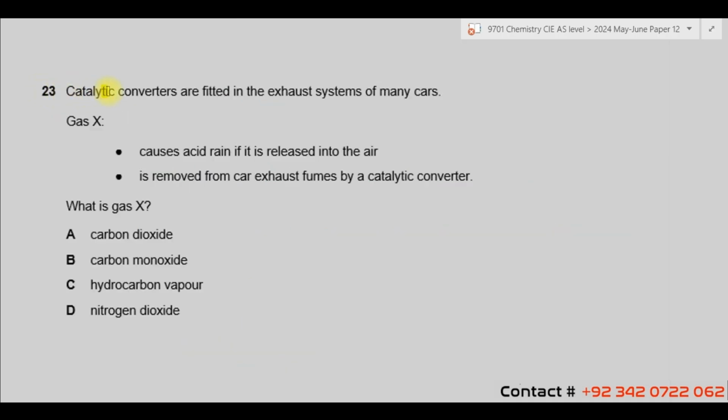Question 23. Catalytic converters are fitted in the exhaust systems of many cars. We have gas X, which causes acid rain if it is released into the air, and gas X is removed from car exhaust fumes by the catalytic converter. What is gas X? First thing is acid rain. Second thing is removal by catalytic converter. So carbon dioxide is an acidic gas.